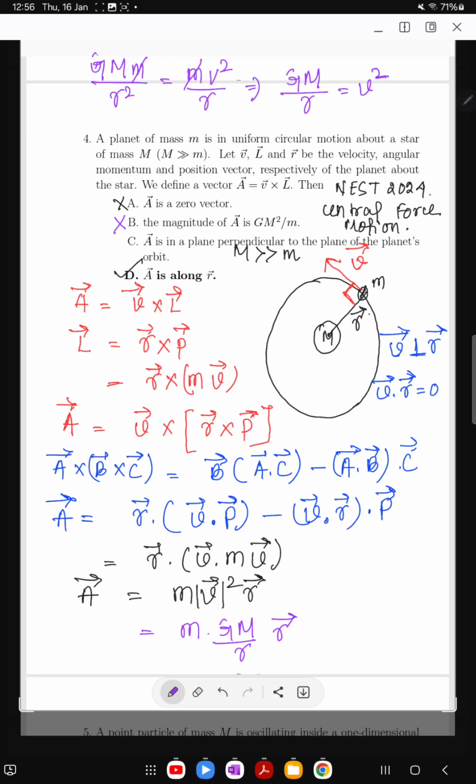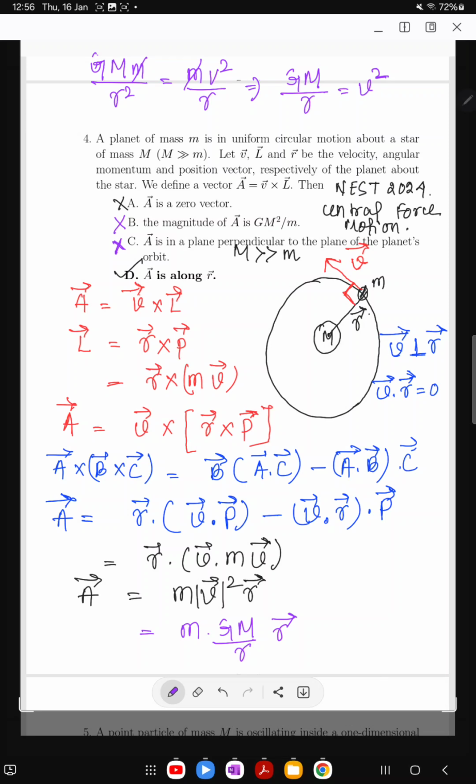Next we can check option C: A is perpendicular to the plane of the planet's orbit. A is not perpendicular, it is along the plane of the orbit, as that is the direction of A, so this option is also incorrect.